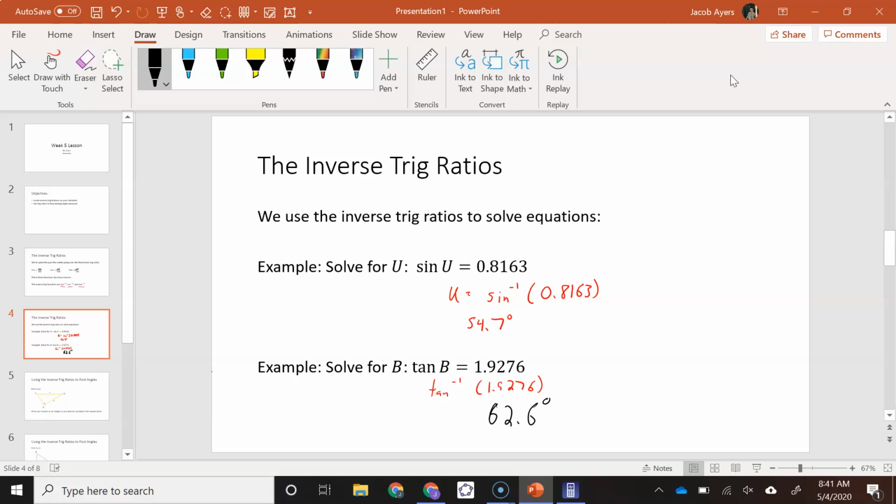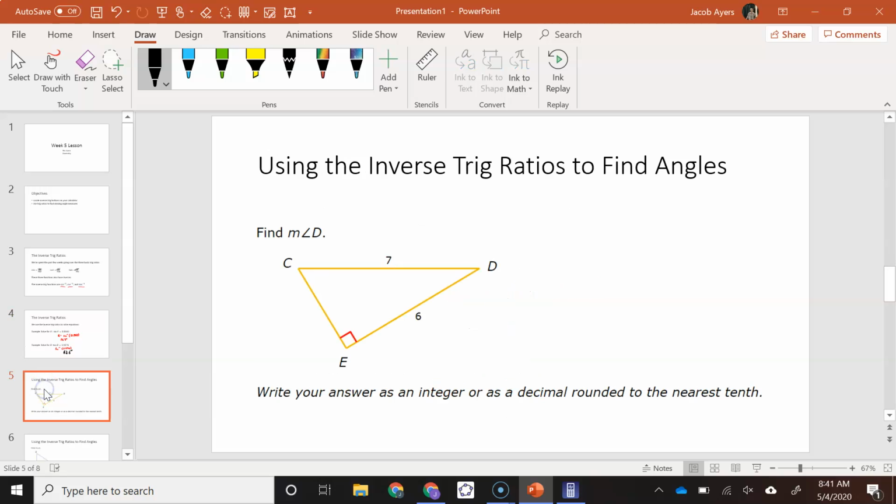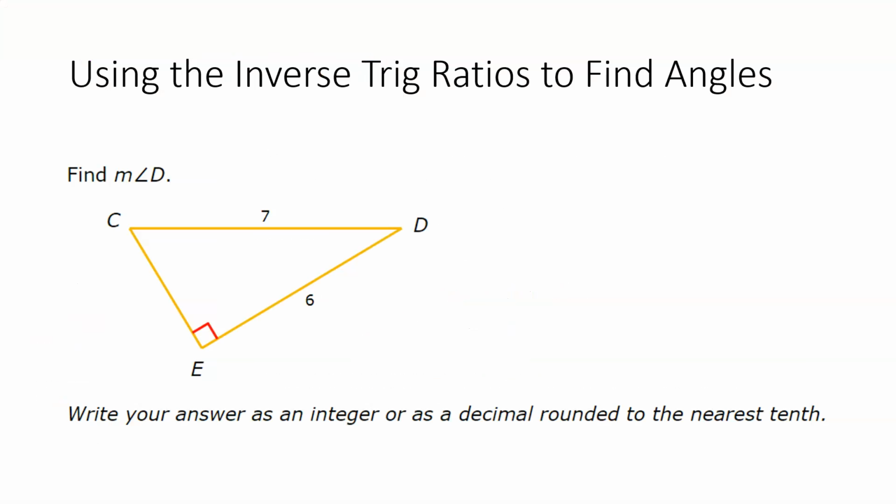All right, so that's all well and good, but what you're going to be asked to do on your assignment is to use these ratios to find angle measures of a triangle. So we are asked to find the measure of angle D. That's your hypotenuse.